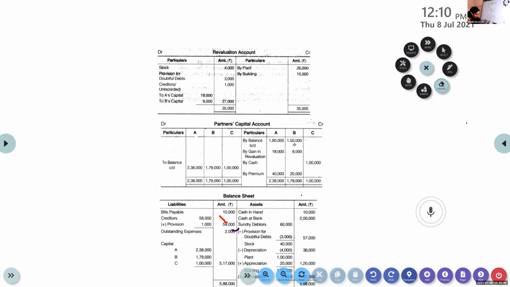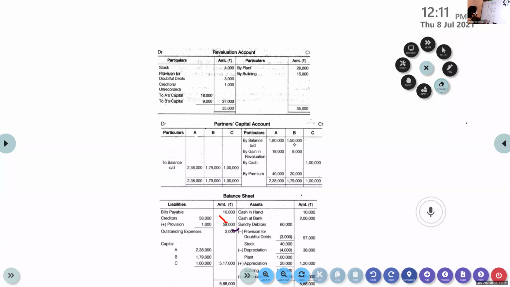The sacrificing ratio is the same as the old ratio since no information is given regarding how the new partner has got his share. Even though it is like that, you should show the calculation in the working note. At the end of the question, you should show how the sacrificing ratio is calculated. That's all.